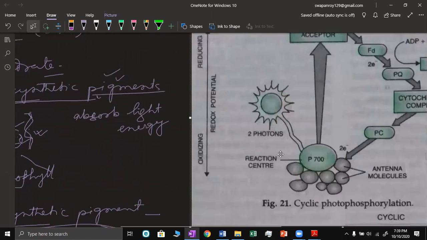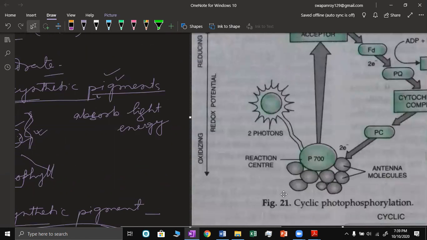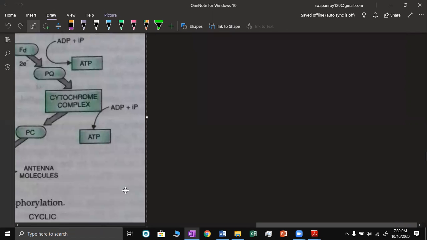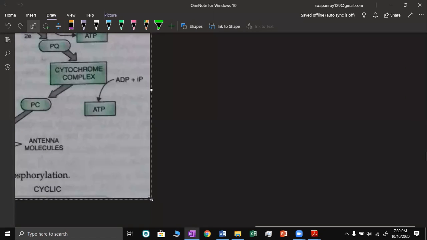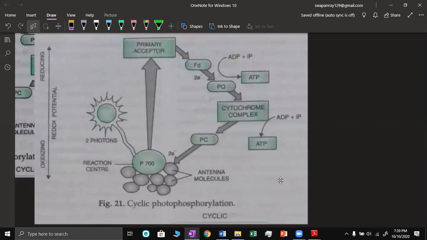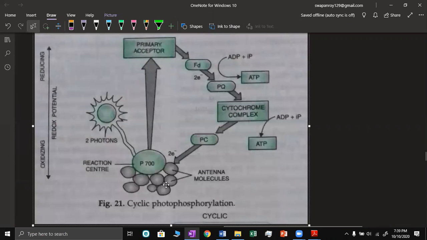This is cyclic photophosphorylation. Here you can see only P700 is there, and P700 means pigment system 1.